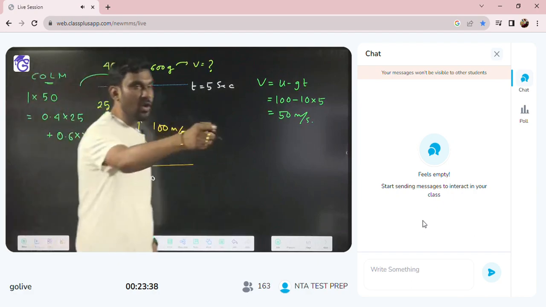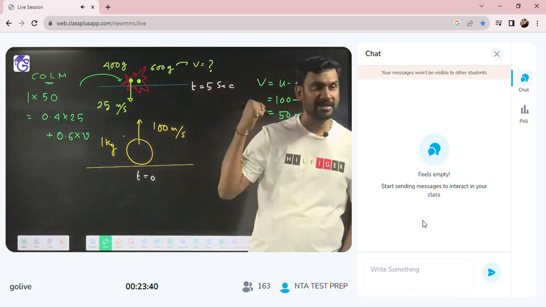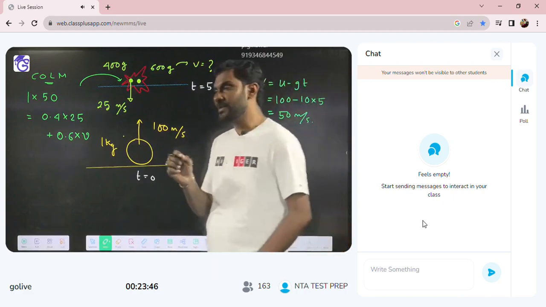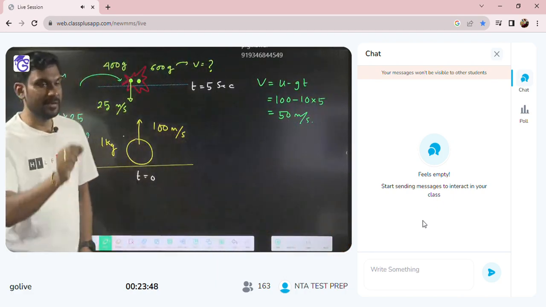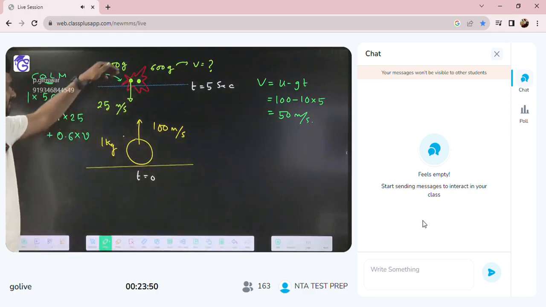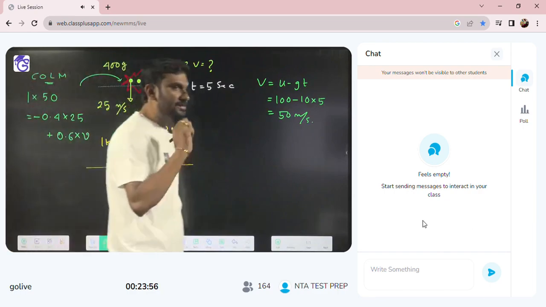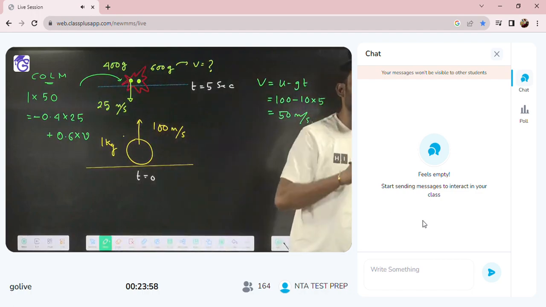This is the formula that you commonly apply, and you simply forget a very basic point: in this case this momentum is in the downward direction, so I have to take this as minus. If you forget to keep this minus, you will completely get the wrong answer.